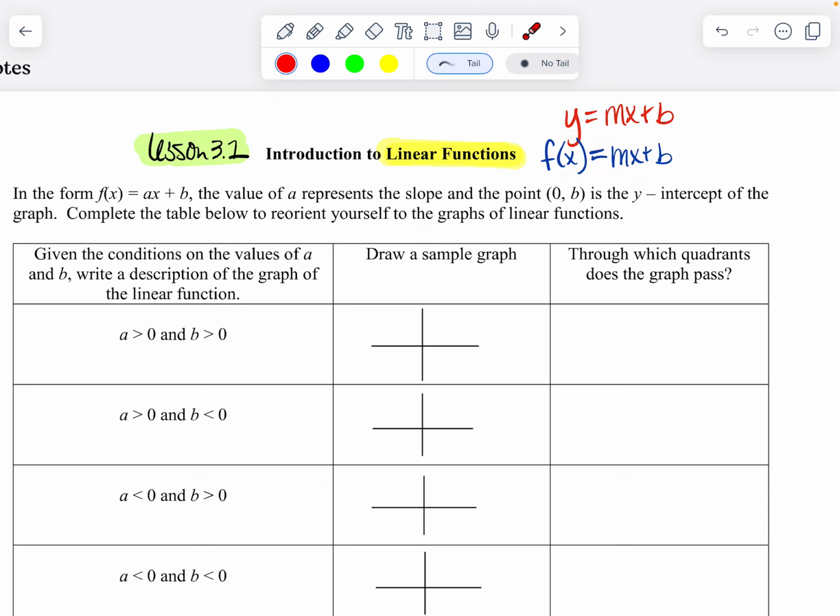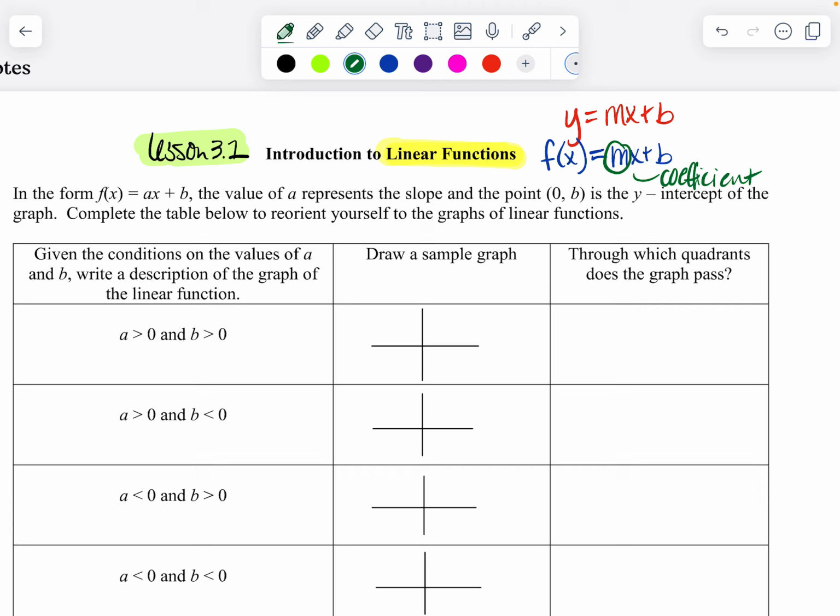That number in front of x, that is called the coefficient. When you have a number in front of a variable, the number that's multiplied to the variable, because this means m times x, some number times x, this number that's being multiplied by x is called the coefficient, and in this form, it is the slope of our graph, right?